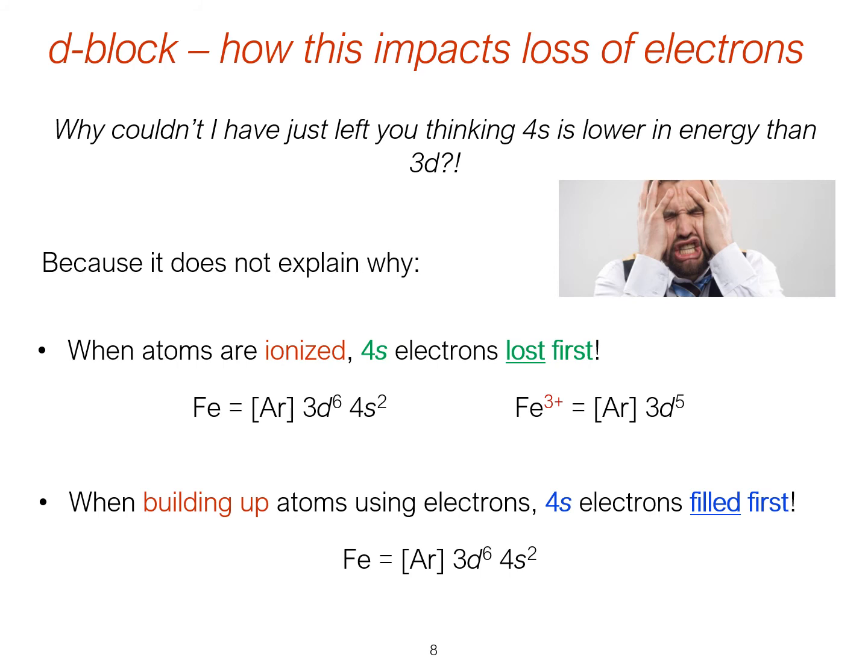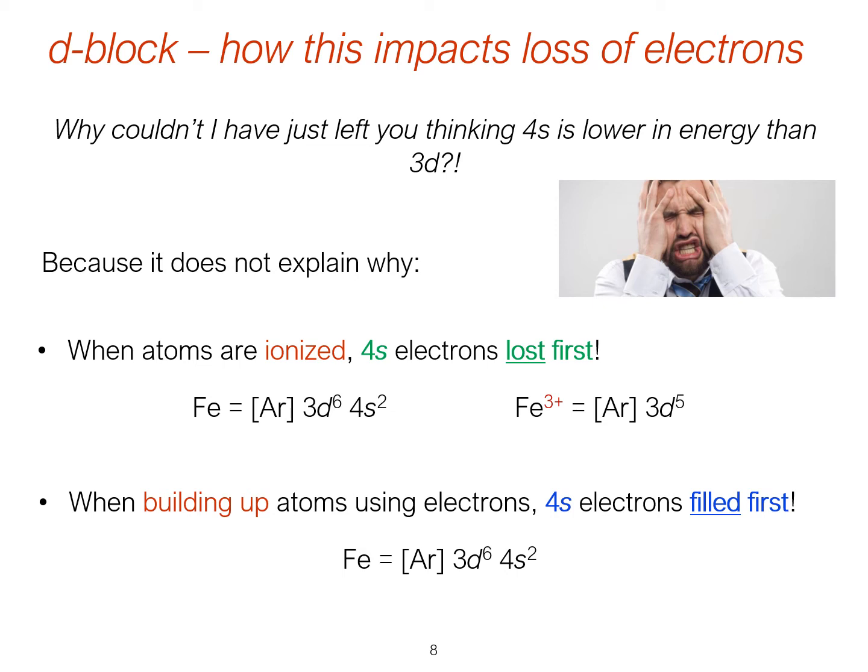Now, if it works, even though it's not the theoretical reasoning behind it, you're probably wondering, why have you confused me with all these lines about the energy levels of various orbitals? Why can't we just pretend that the 4s is lower in energy than 3d? Now, this really matters for the transition metals because, as I was saying, they form cations and their chemistry is dominated by it. And if they form cations, it means they're losing electrons, and we need to know where they're losing those electrons from.